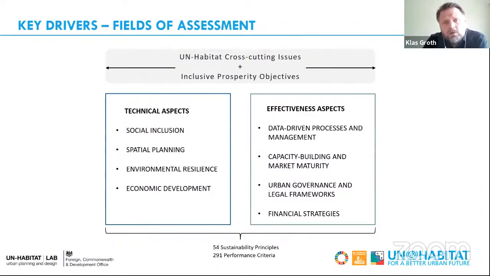On the other hand, we also have what we call effectiveness or governance aspects, including data-driven processes, capacity building and market maturity, urban governance and legal frameworks, and financial strategies. Of course, across this, we have a number of cross-cutting issues that are embedded as part of the key drivers of the tool.